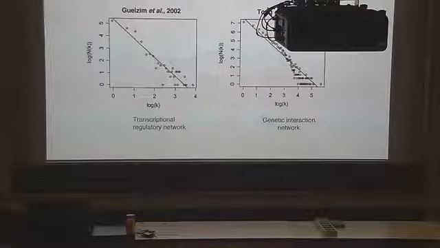These are two examples: a transcriptional regulatory network in yeast, and an example of genetic interaction networks, whether two genes would interact. What you see is that the degree distribution is following a power law. It's not a Gaussian or coming from any Poisson distribution.